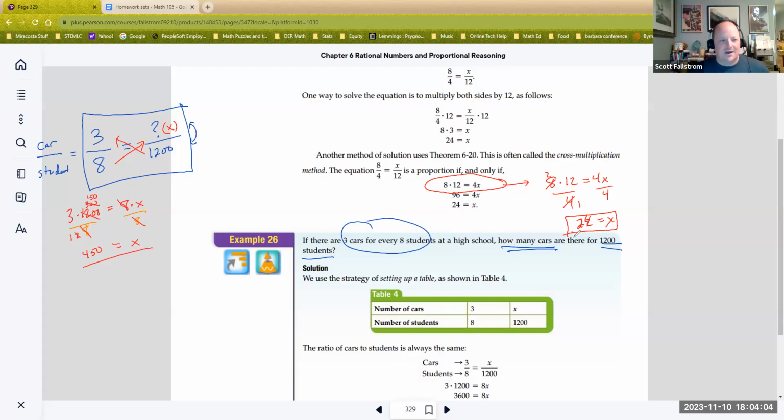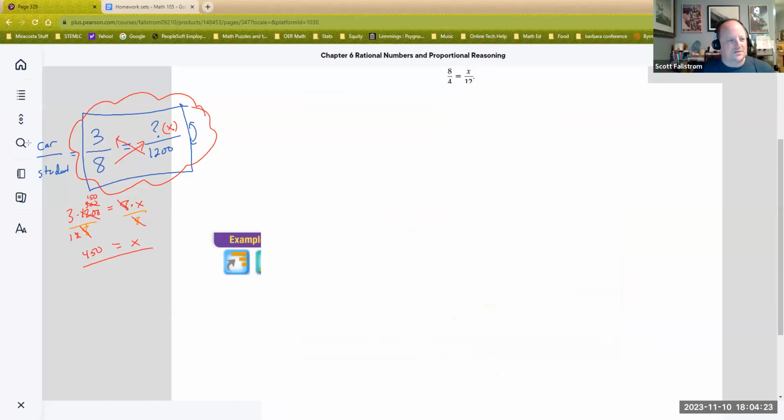So I always try to find an efficient way to do it, and if you find an efficient way, take it. The method that's shown here, x equals 450, is nothing wrong with it. But I want to show you that if you start with this, and let me get a little white space in here so I can demonstrate it more easily.